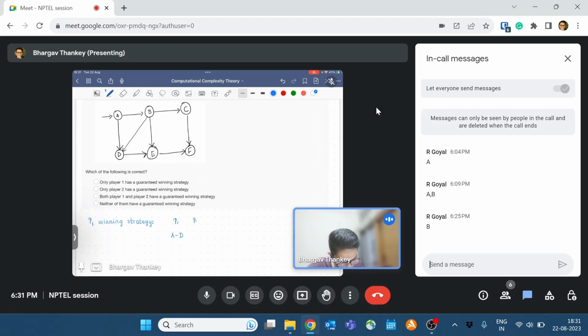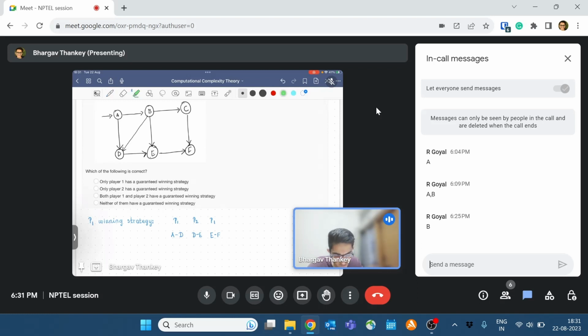Now player two plays D to E. So now A, D, and E are off limits, and then it's player one's turn again, and player one plays E to F. So now when player two has to play, they cannot. There is no transition that goes out of F. So player two is stuck.